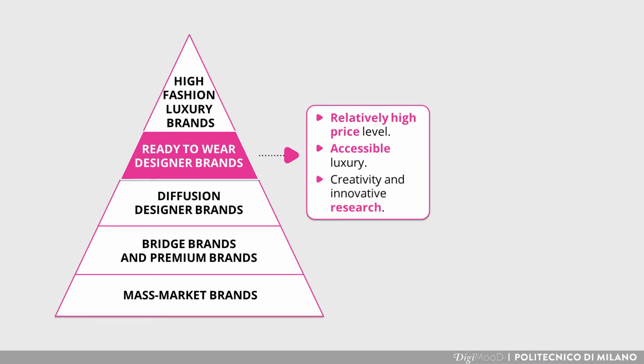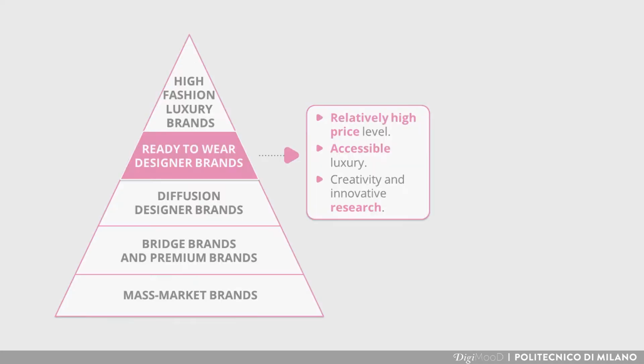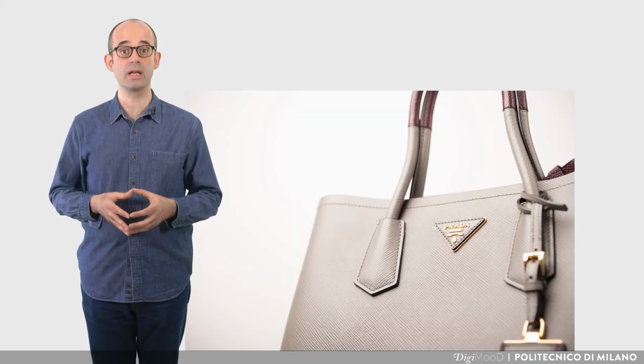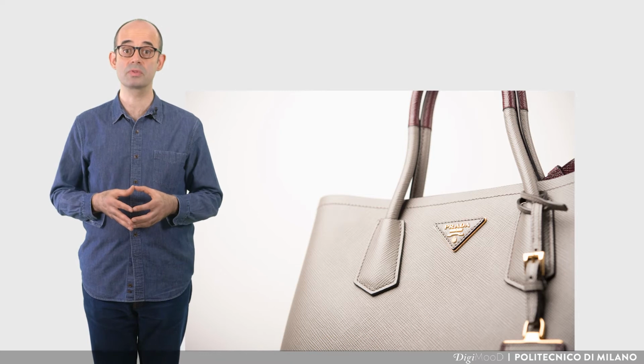The collections of these brands, although industrialized, are characterized by great formal, material and volume construction research, therefore by great creativity and innovative research. Brands like Prada, Giorgio Armani and Gucci can represent the different forms of this market segment.